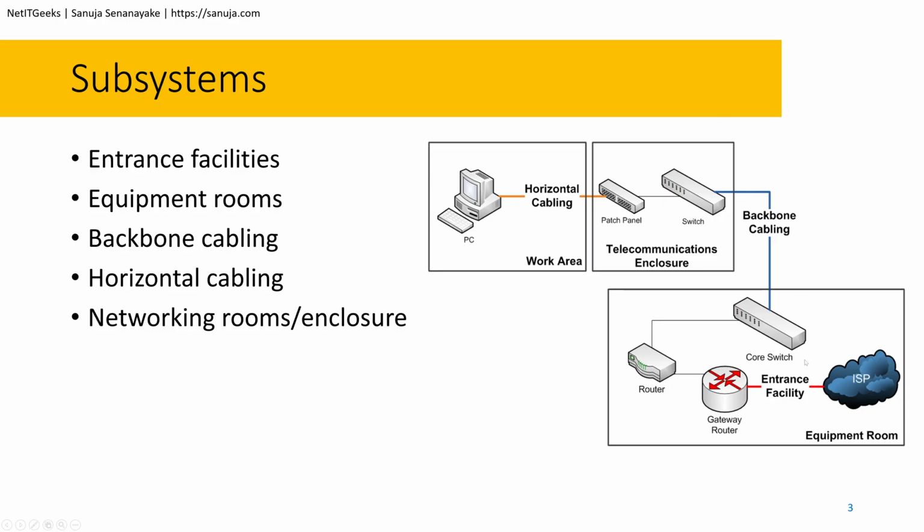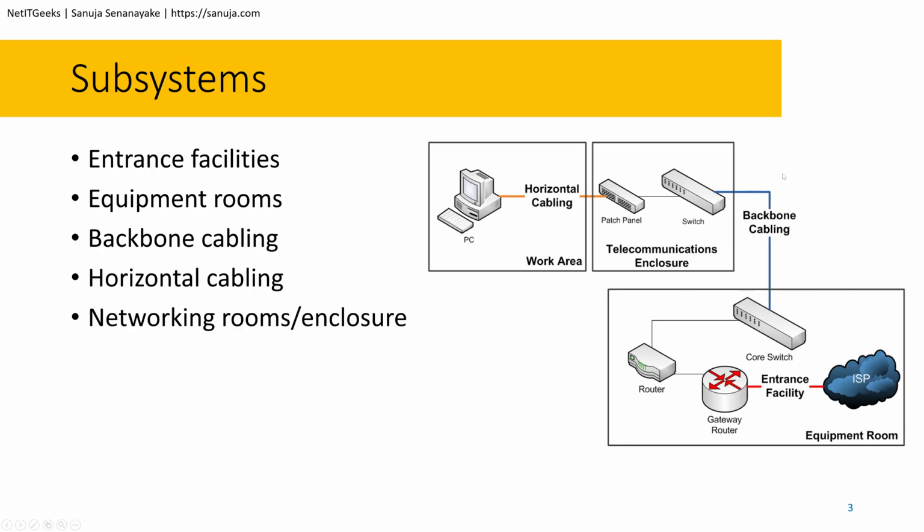On the right hand side, we have a diagram I pulled from Wikipedia, and it shows the horizontal cabling in the work area. If the end user is sitting in front of a computer and accessing the network, the span from the end user all the way to the patch panel is considered horizontal cabling. Starting from the patch panel to the switches, routers and networking equipment, that would be the telecommunication enclosures, and those eventually get connected to the backbone, which is your ISP, for example.